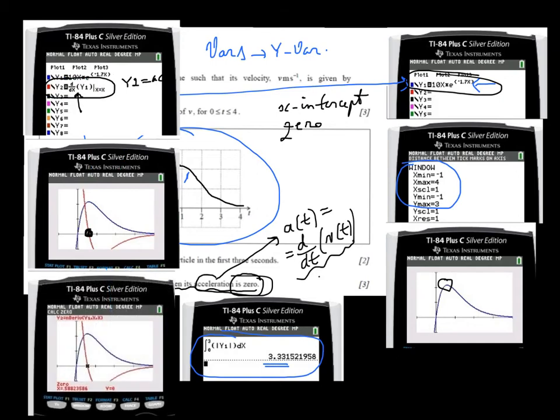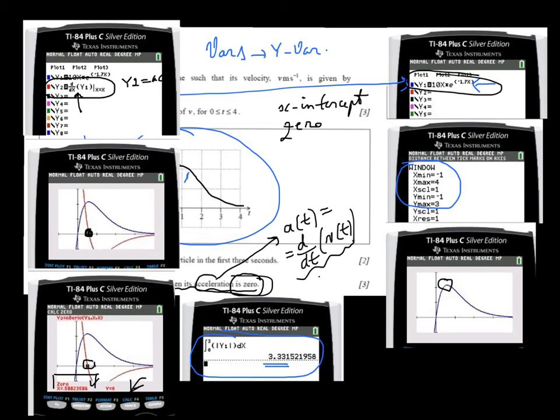To find the zero of a function, you go to calculate. You choose this option, calculate, and you get a menu from which you choose zero. So this is your zero, so your GDC found it, and its value is for t equals 0.588, which you see here. So this t gives you an acceleration of 0.